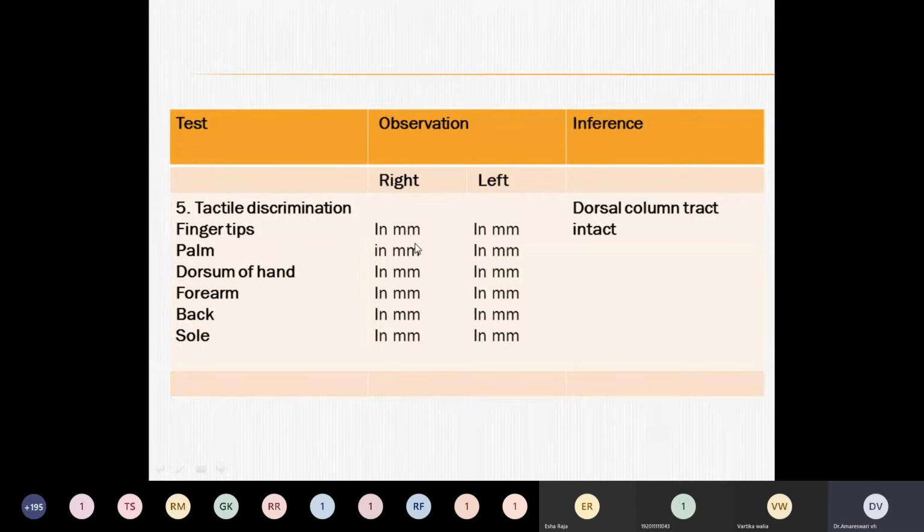Now take the recordings in millimeters and fill the column accordingly. Under fingertips, how much distance it has taken, under palm, how much distance it has taken, how to fill. In millimeters, fill on the right hand side and left hand side.